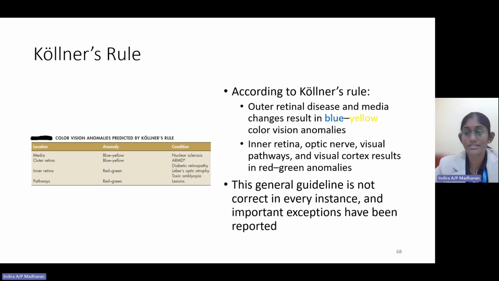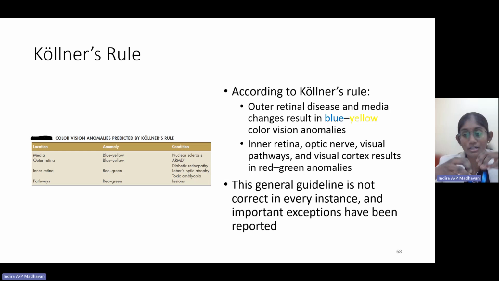Now we move on to Kollner's rule. Basically, Kollner conducted research where he gathered patients with different ocular conditions, for example nuclear sclerosis, AMD, diabetic retinopathy, Leber's optic atrophy, toxic amblyopia, and lesions. He invited all these patients to his clinic and performed color vision tests.